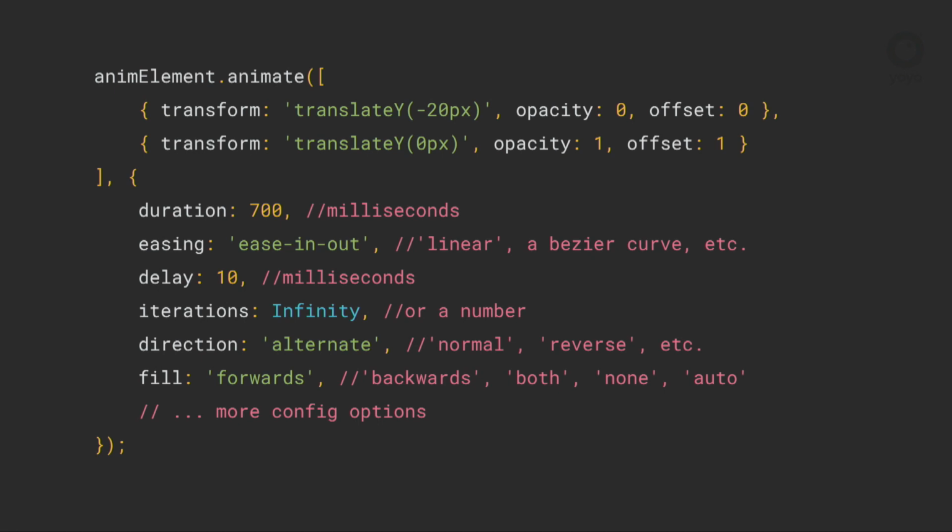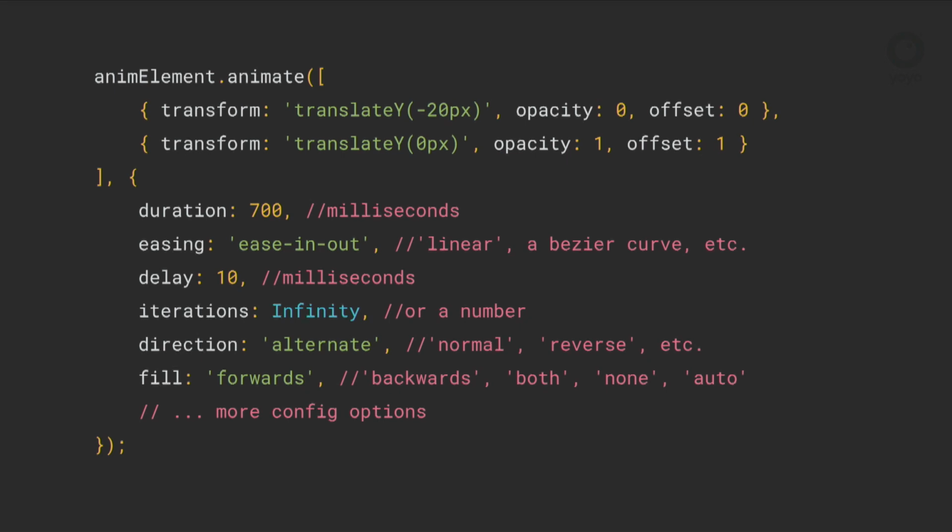So you pass in a transform value, you give an opacity, and the offset in this case is essentially the percentage of time passed. So by default, if these were left out, it would space things evenly. So if you had a third one in there, it would go 0, 0.5, and 1. If you wanted to switch it up a bit, so it had 0.1, you could use the offset value. So that defines what our animation is going to do.